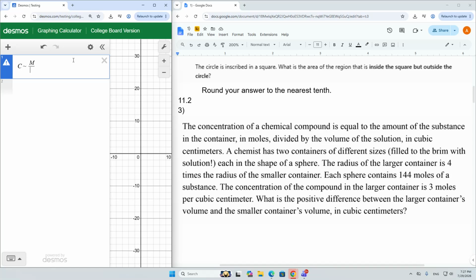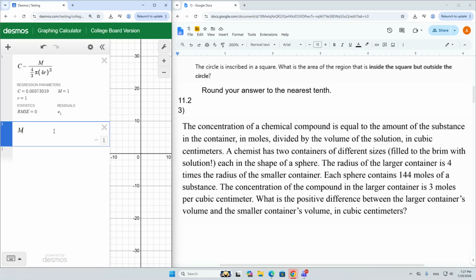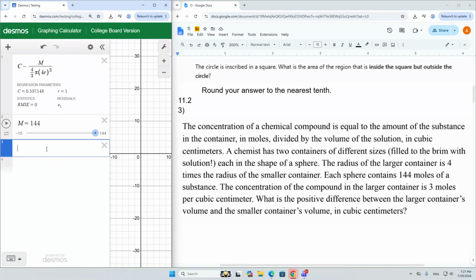And since we have 2 spheres, I'm going to put 4/3 pi, and it tells me the radius of the larger, so I'm going to put the 4r there, right? 4r cubed. Great. And just fill in the stuff. Each sphere has, so m equals 144. Okay. Radius of the large sphere is this. Concentration of the compound in the larger container is 3 moles, so I'm going to say C equals 3.